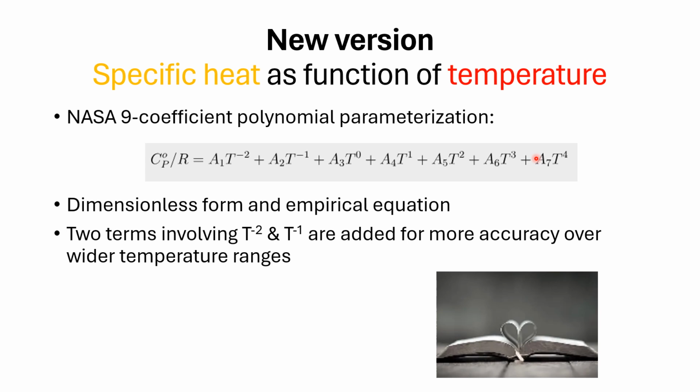Now NASA 9 coefficient polynomial parameterization means enthalpy and entropy come in, so in one of those 9 coefficients, which I guess is in entropy. After integrating these equations, again this is in dimensionless form. This is an empirical equation, and we added T raised to minus 2 and T raised to minus 1.